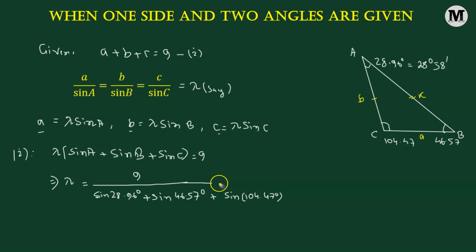So we compute this value to get the value of lambda. The lambda value comes out to be approximately 4.131.